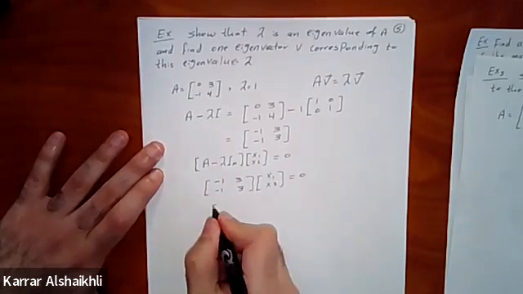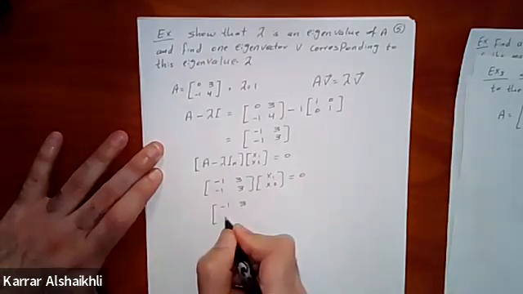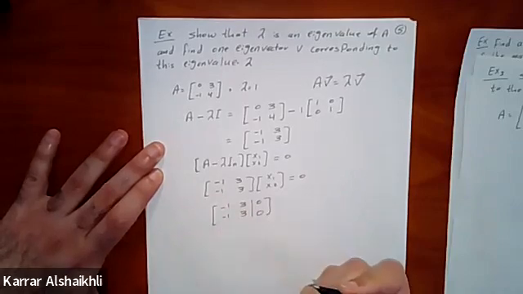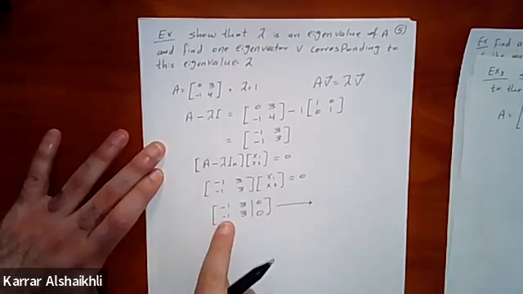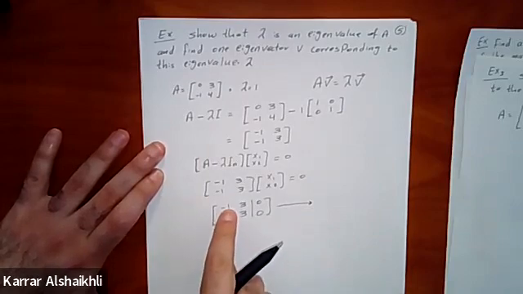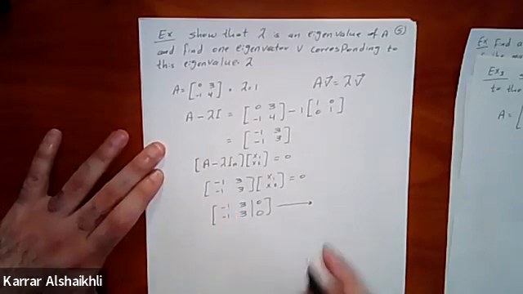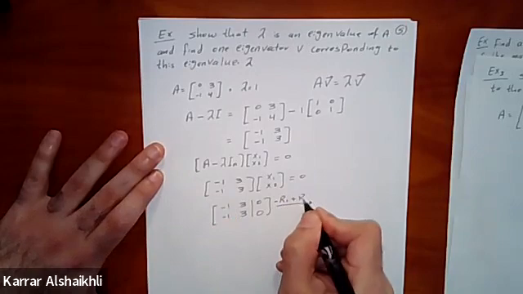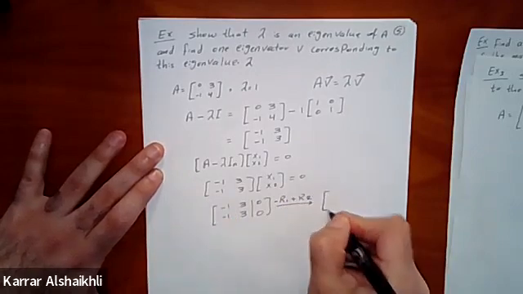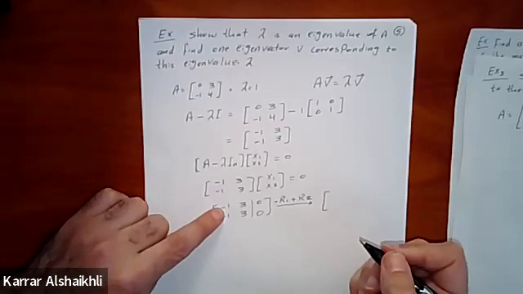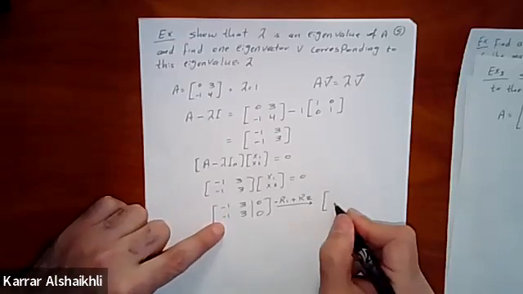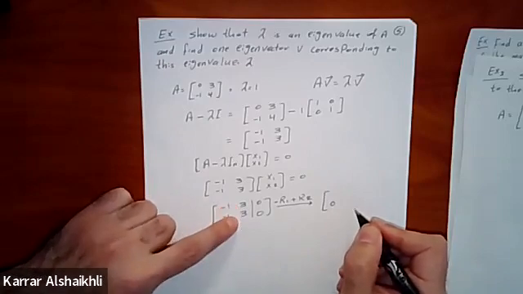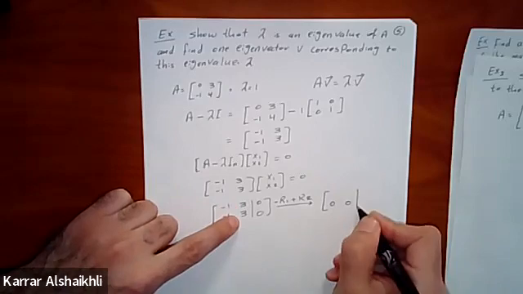So negative 1, 3, negative 1, 3, put 0, 0. I need to convert this number to 0, so I'm going to multiply R1 by negative 1 and add it to R2. Negative 1 times negative 1 is 1, plus negative 1 is 0. Negative 1 times 3 is negative 3, plus 3 also is 0, and here is 0.